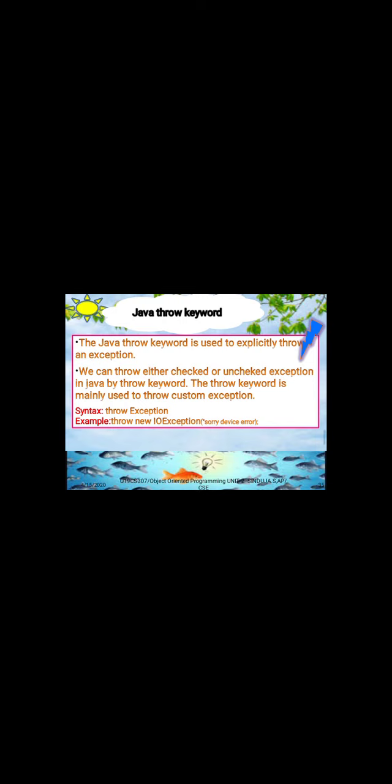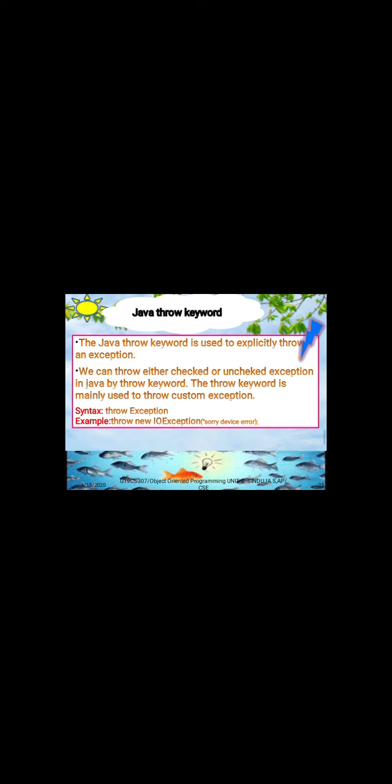So once you have a try and catch block, in between try and catch we have throw and throws. Mandatorily or automatically, the throw keyword will work whether you mention it in the program or not.